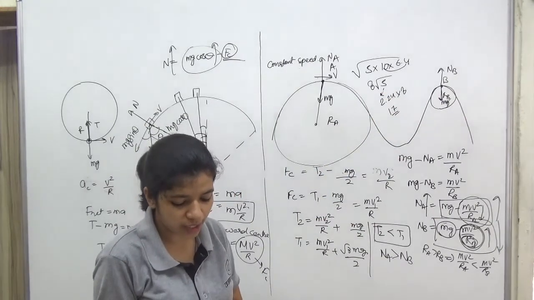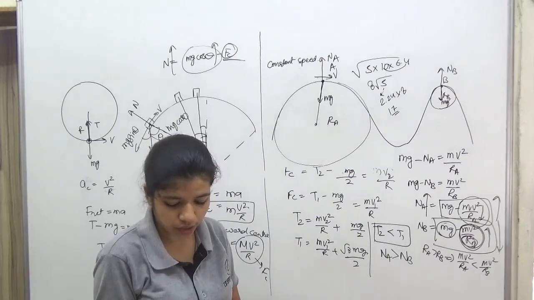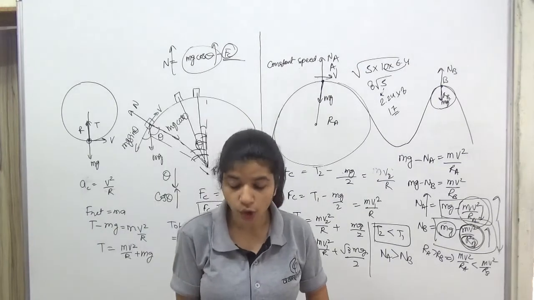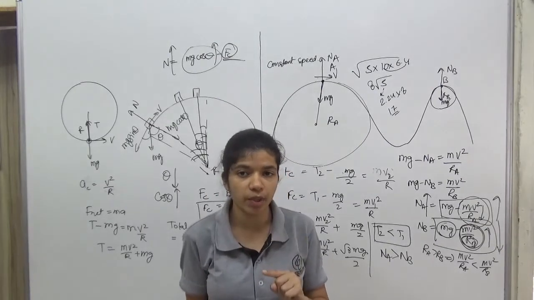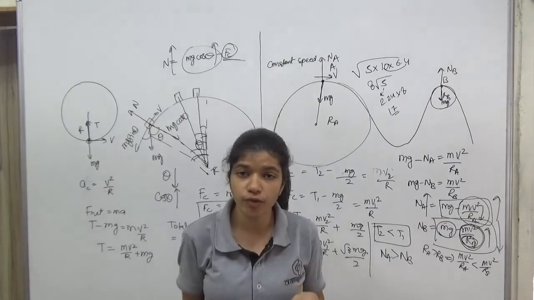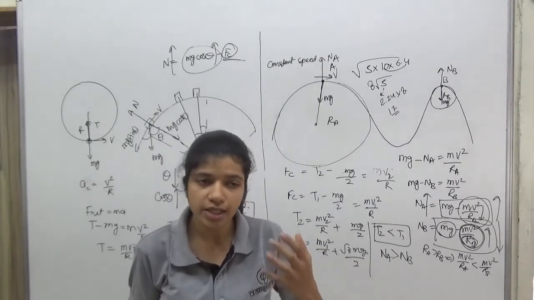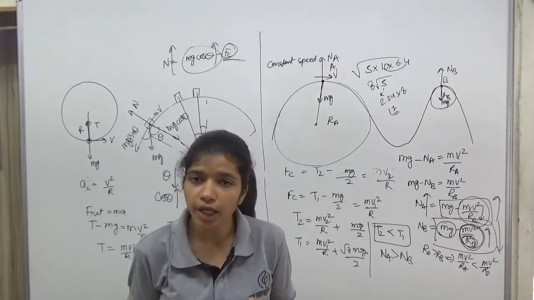A body of mass 100 gram is rotating in a circular path of radius r with constant velocity. The work done in the complete revolution is. So it is moving with a constant velocity. It is a uniform circular motion. The force is only centripetal. There is no tangential force because it is moving with a constant velocity. So only centripetal acceleration is there. Centripetal acceleration and centripetal force are always perpendicular to the direction of velocity.